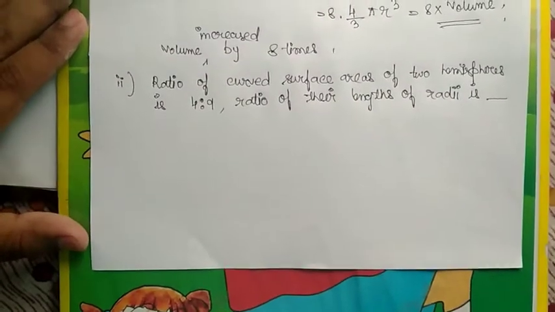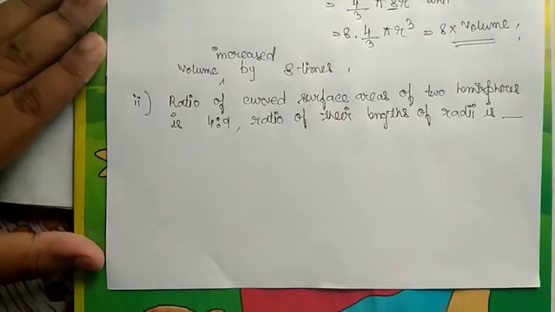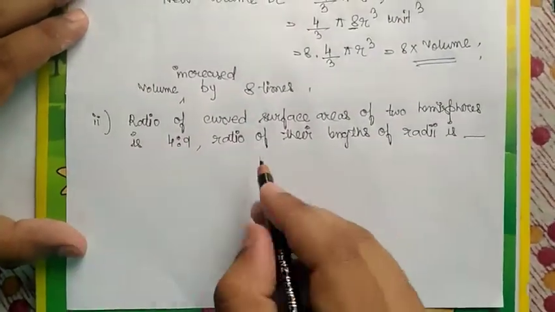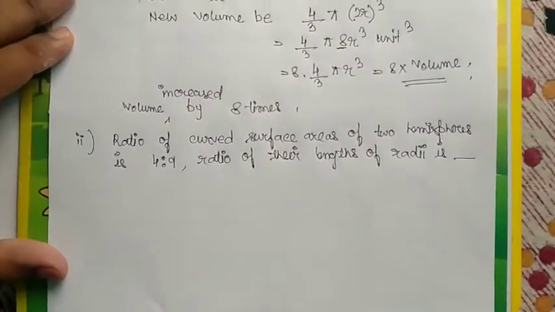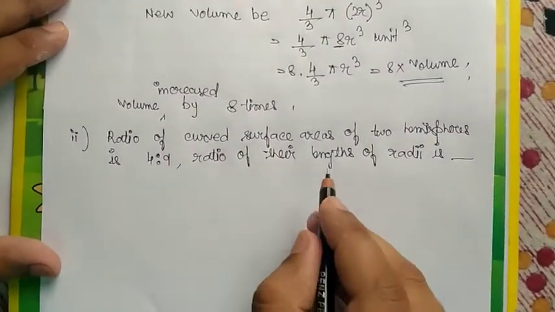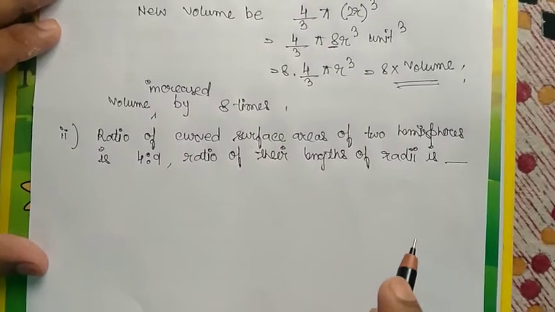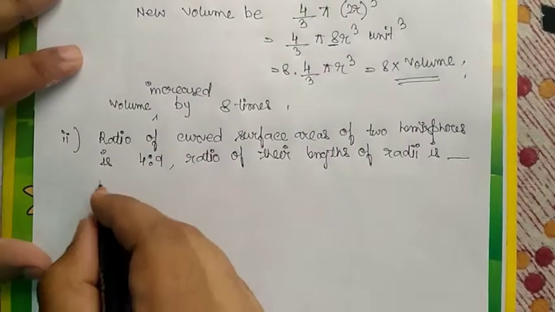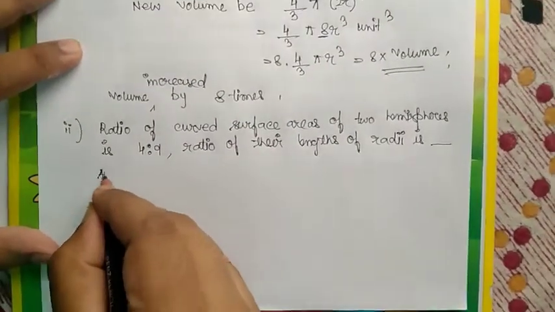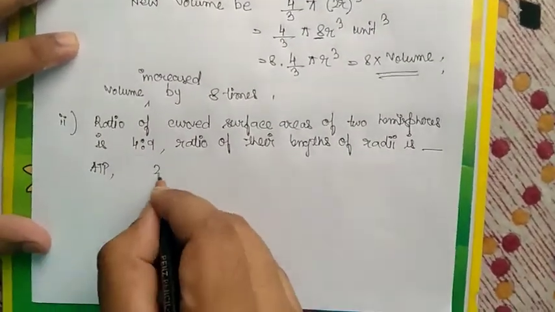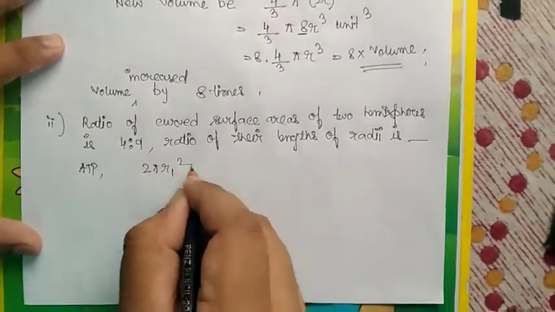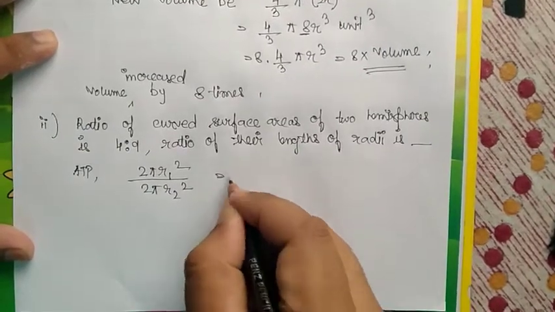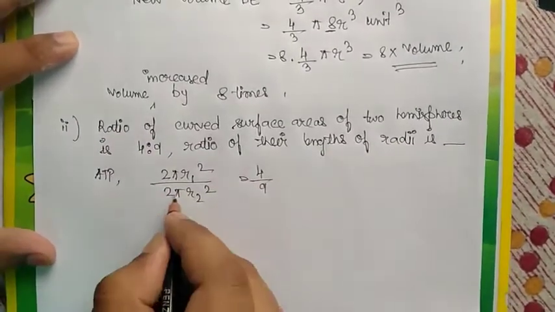This is question number 15, part B, part 2. The ratio of curved surface area of two hemispheres is 4:9. Therefore the ratio of the length of the radius is. Now the curved surface area of a hemisphere, the formula is 2 pi r square. So according to the problem, 2 pi r1 square by 2 pi r2 square equal to 4 by 9.